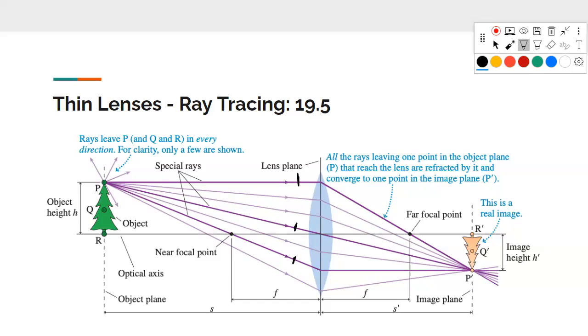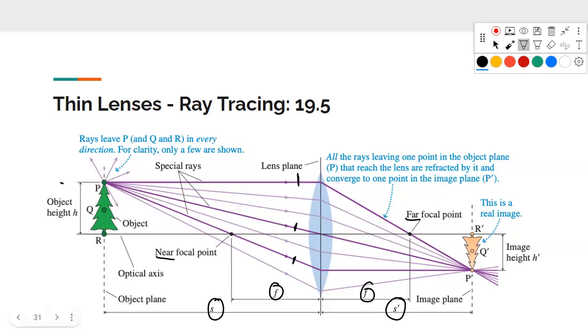We have an object on the left that's becoming the image on the right. We have the focal lengths drawn in, F on either side, both the near focal point and the far focal point. We have the object distance S, which is how far the real physical object is from the lens. And we have S prime, which is the image distance, how far the image is from the lens.